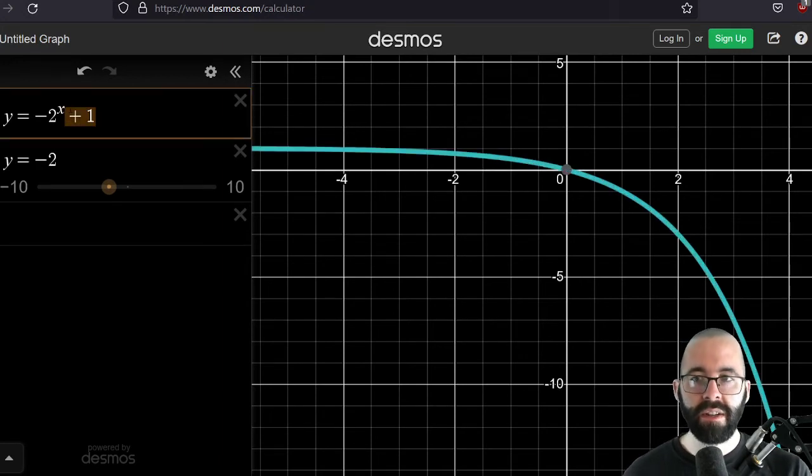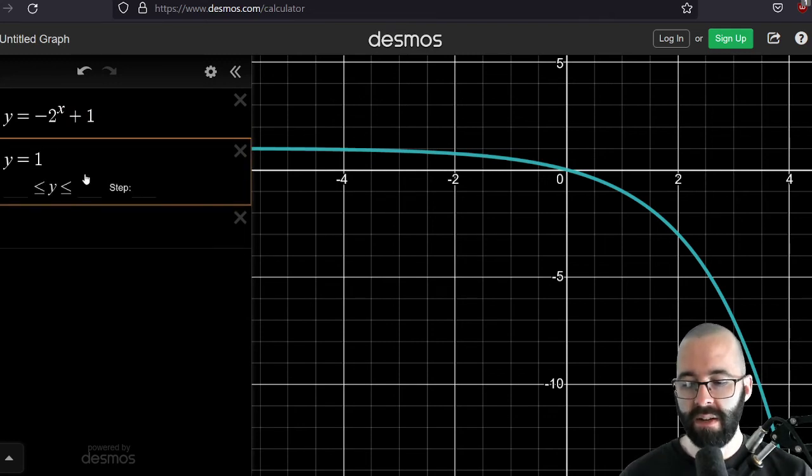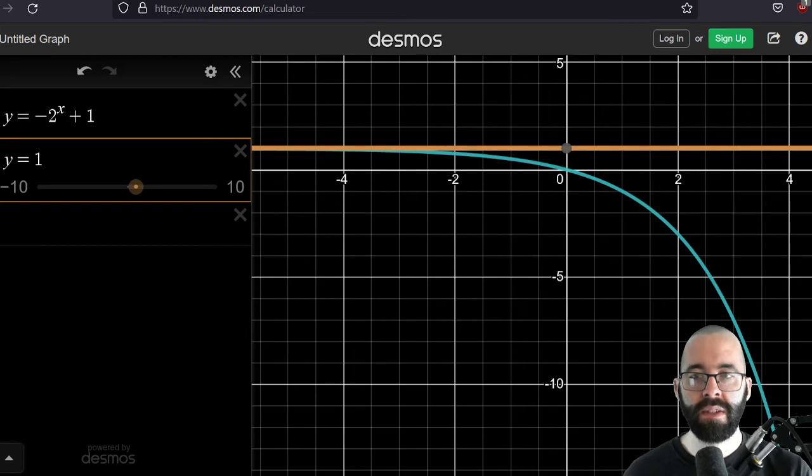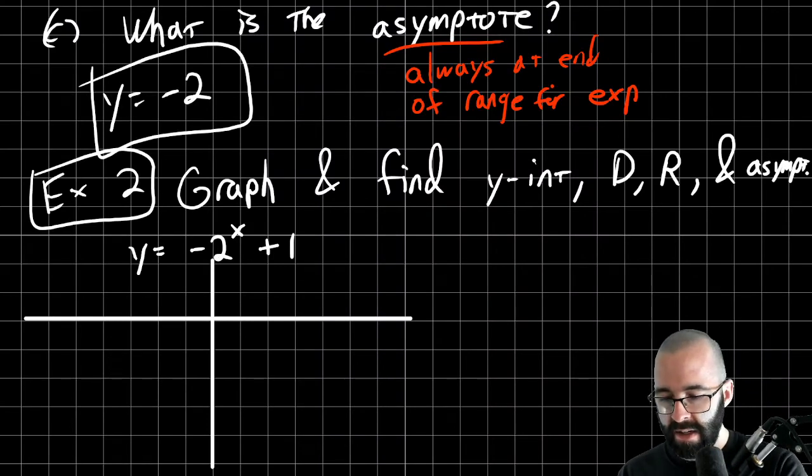Well, if we look at the function, we should expect the asymptote to be y equals 1. Let's plot it and see if it looks right. Y equals 1 looks like that. That's our asymptote. That's where we're going to start on our graph. Give a nice little asymptote at 1.